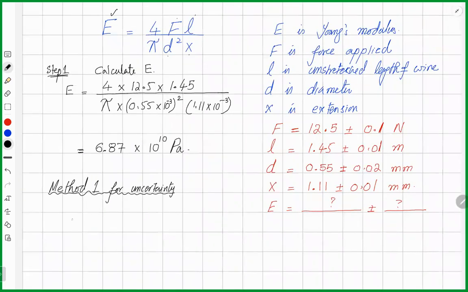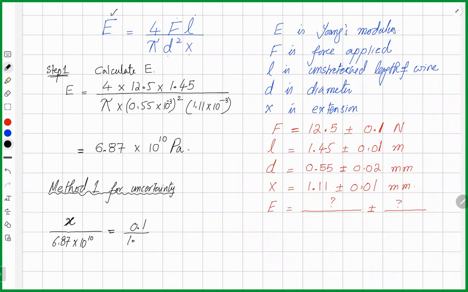The unknown uncertainty of E divided by the quantity that we measured, 6.87 into 10 to the power 10, equals the fractional uncertainty of F. That will be 0.1 divided by 12.5.